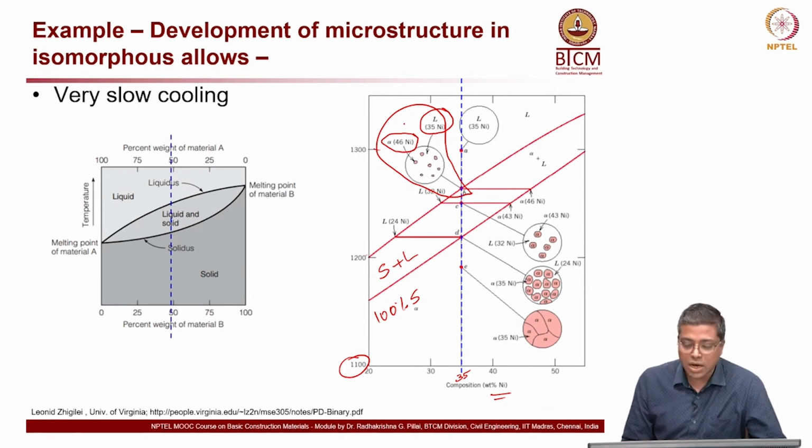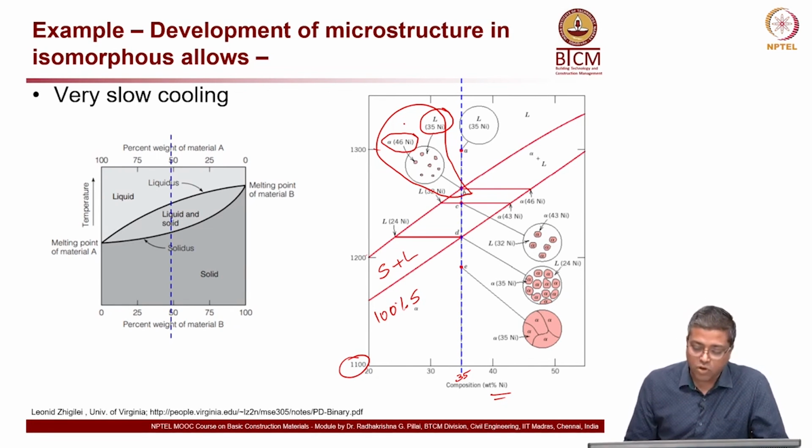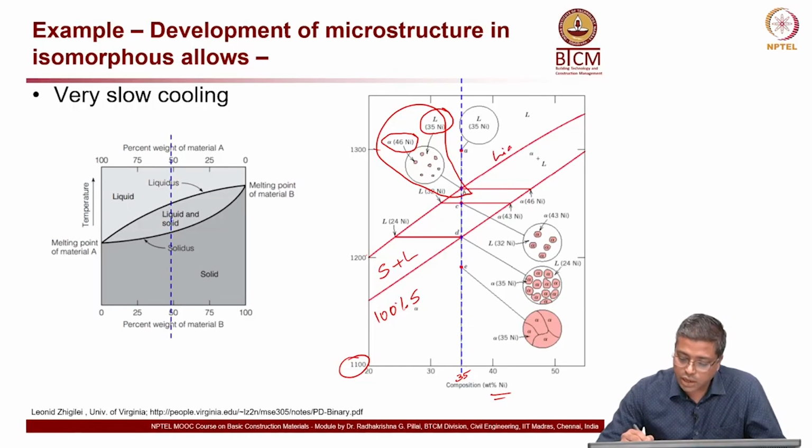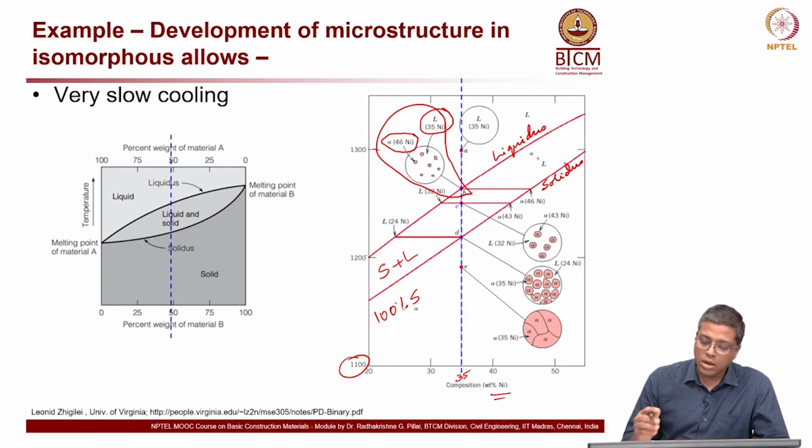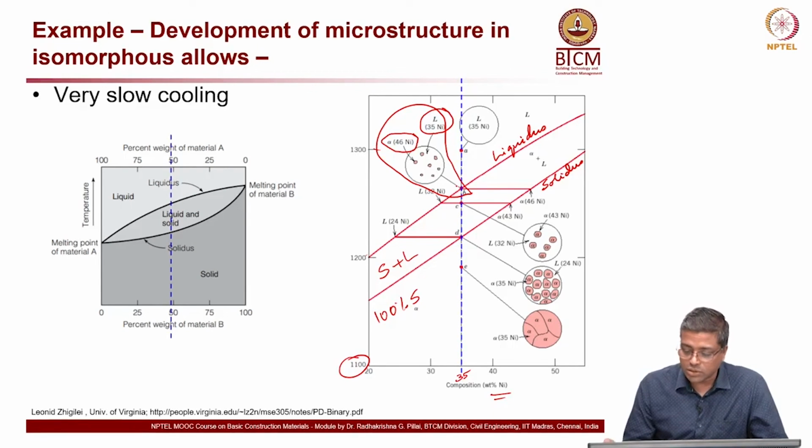Small crystals are actually forming. The solid phases start to form because you are at the liquidus line right now. So, this is the liquidus line, and this is the solidus. So, you are starting to form the solid phases also.